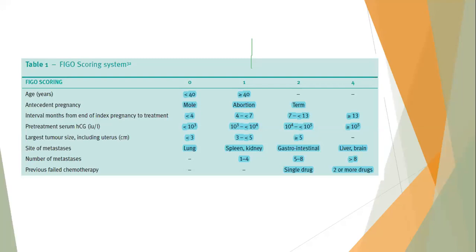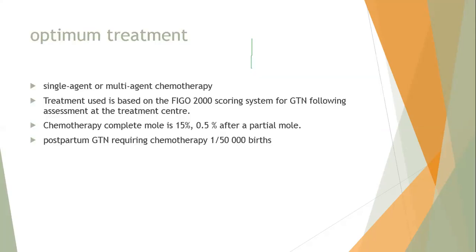Number of metastases: 1 to 4, 5 to 8, or more than 8, or no metastasis at all. Previous failed chemotherapy, if single drug, it will take 2. If 2 or more drugs, it will take 4. So according to this, we will score the patient.